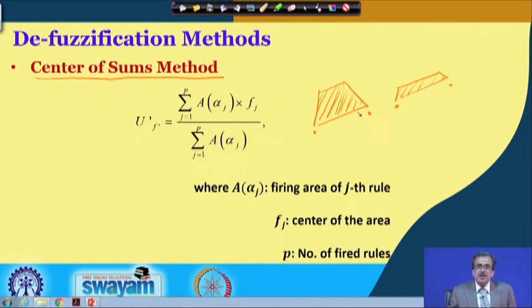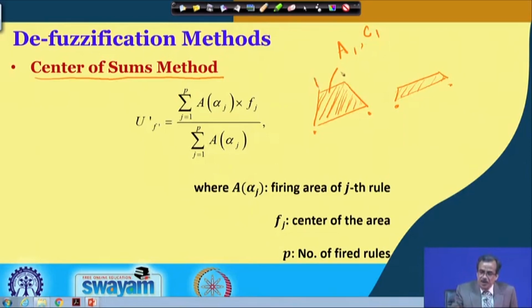So, what I am going to do is try to find out the area of this truncated triangle, or the trapezium, and what should be the center of area, denoted by C1. Now, for this trapezium, very easily we can find out the area.